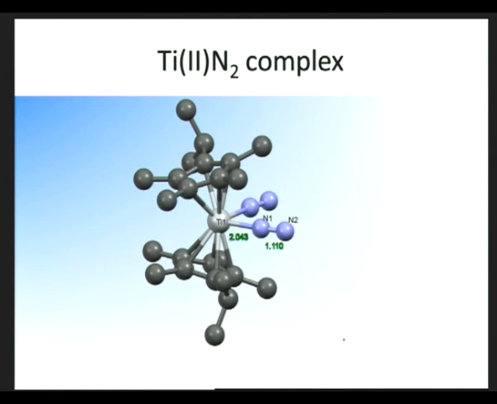This is a system which bonds to 2 nitrogen molecules. So, instead of the familiar carbon monoxide, we have 2 dinitrogen molecules, and you will notice that the bond distance between titanium and nitrogen is not very short, but it is equivalent to what you would have for a sigma bond. You do not have extensive pi bonding and double bond character between the nitrogen and the titanium.